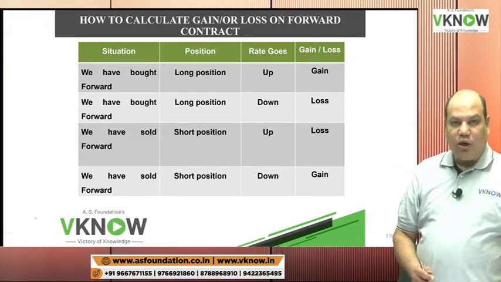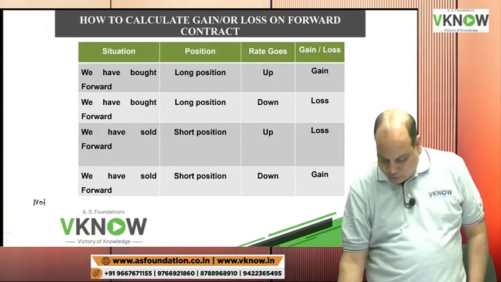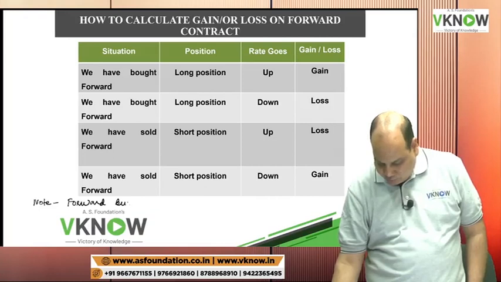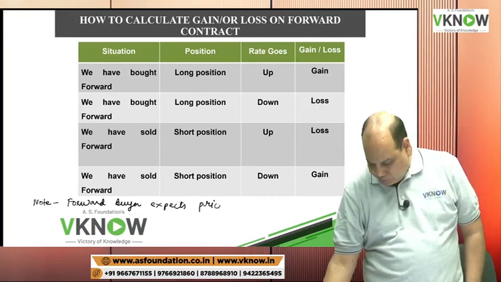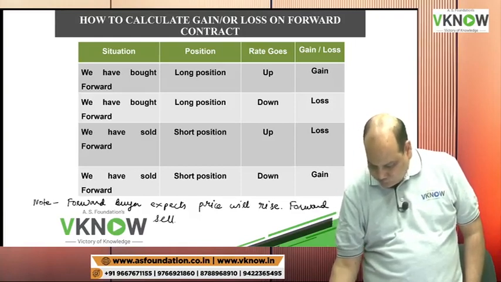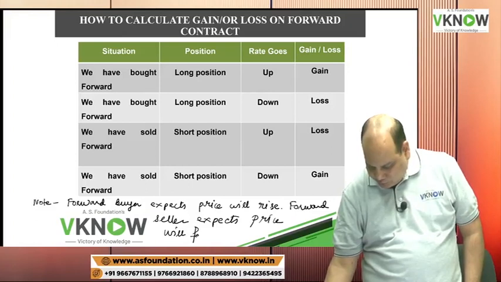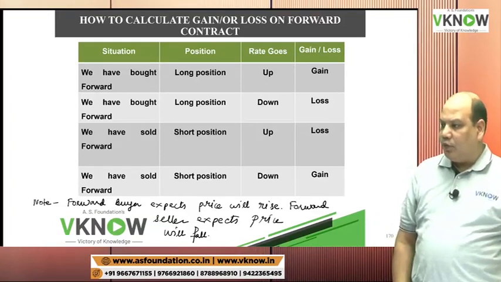So this is about how to calculate gain or loss. Just write two more lines. Forward buyer expects price will rise, and forward seller expects price will fall.